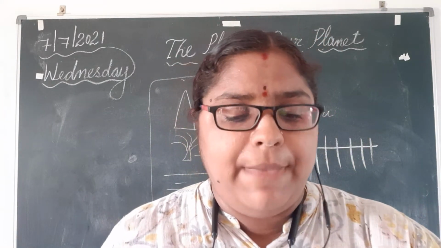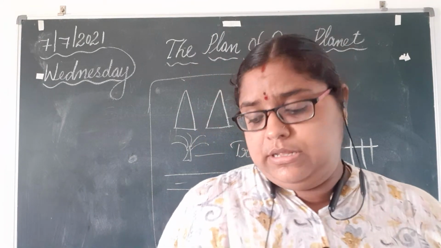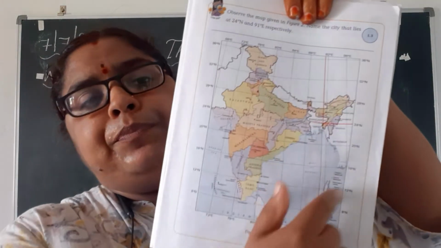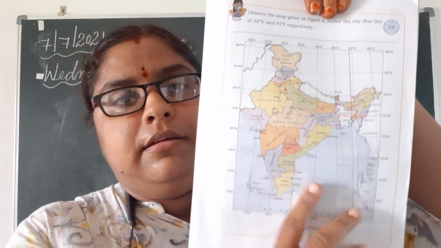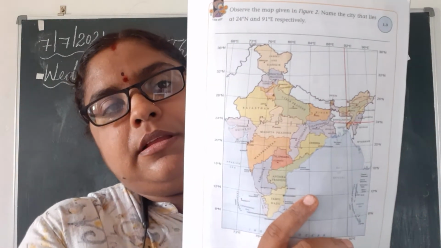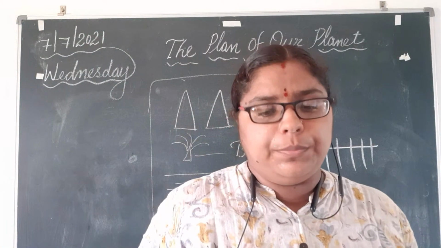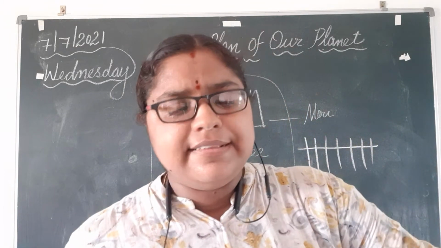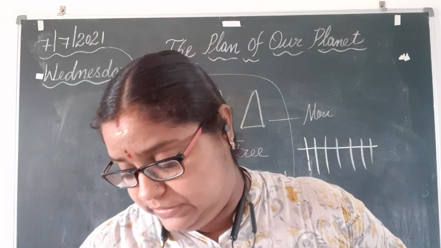While using a map, how do we know which direction is north? While using this map, how can you know which is the north side? Which direction is north in this map? We don't know how to point the north side. To know this, we place a compass rose.